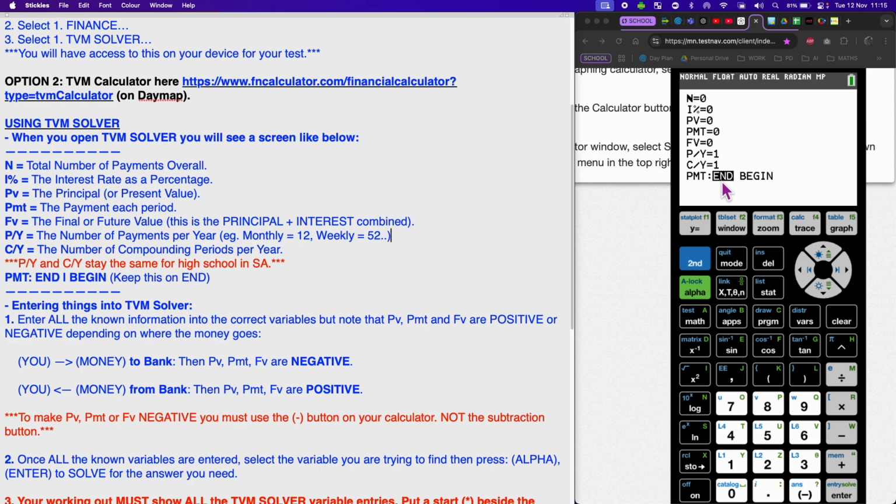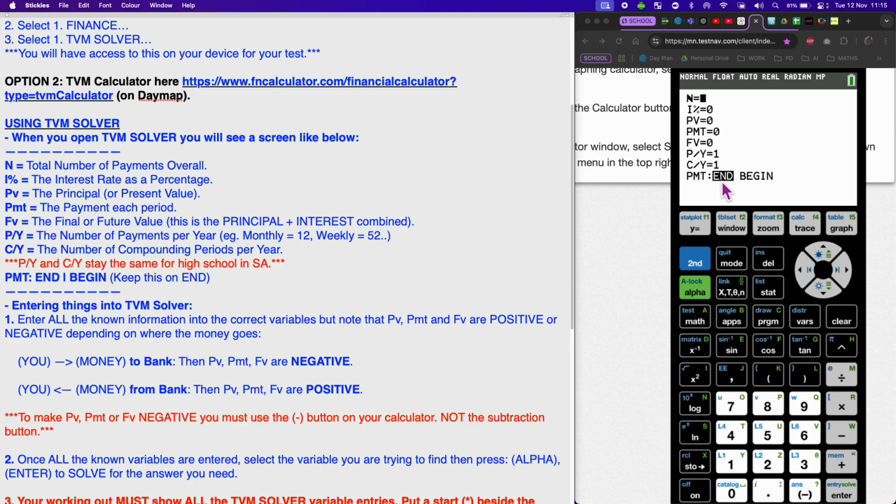But we have to be careful for the calculator to understand PV, so these three here, PV, PMT, FV, are either positive or negative based on where the money's moving, okay? So if you are putting money into the bank, then the sign for PV, PMT, FV is going to be negative. So I literally have my year 12s this year on their cheat sheet.